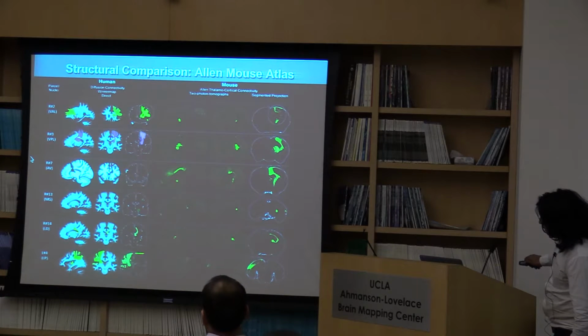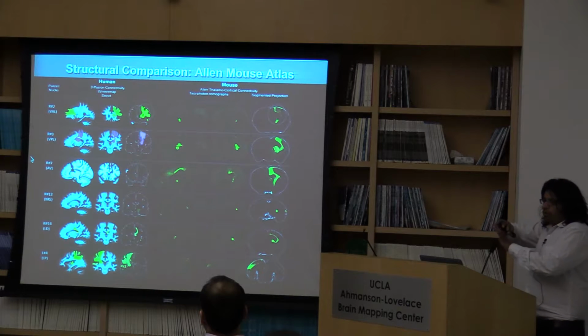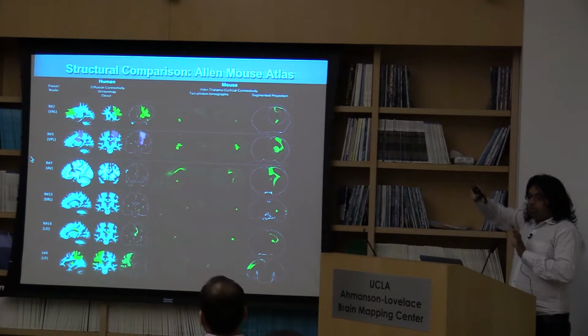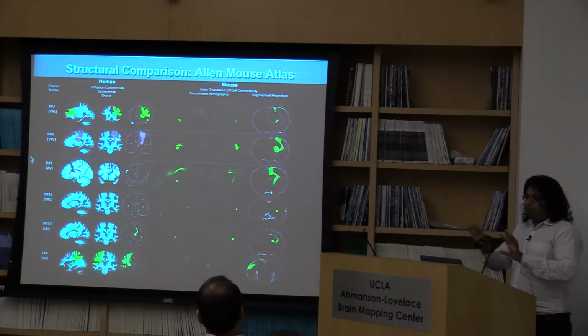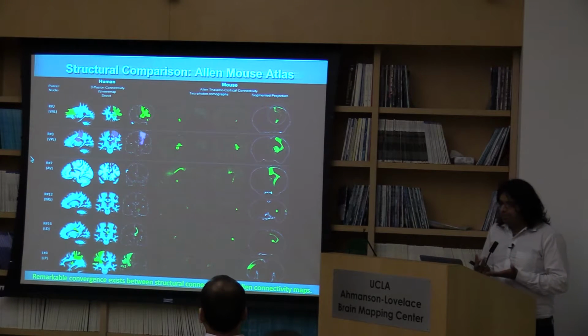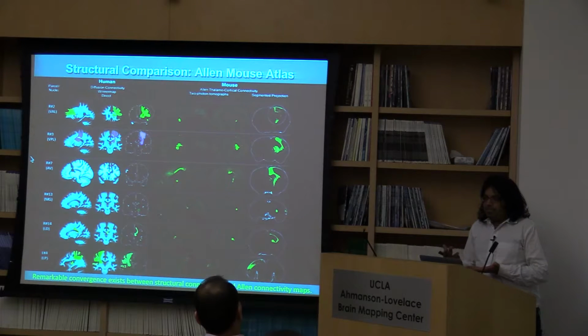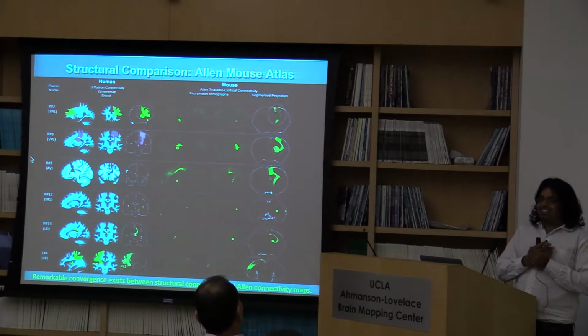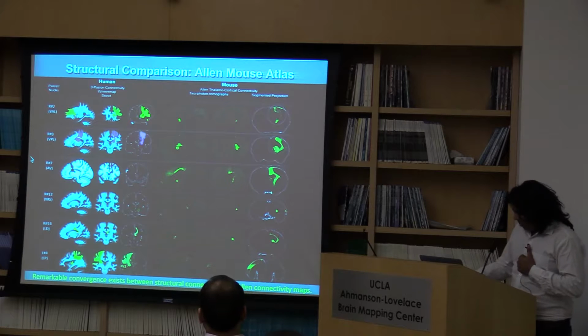We also looked at the projection areas, which area they project to, and they are moreover homologous representations, which indicates that phylogenetic similarities exist even between man and mouse.